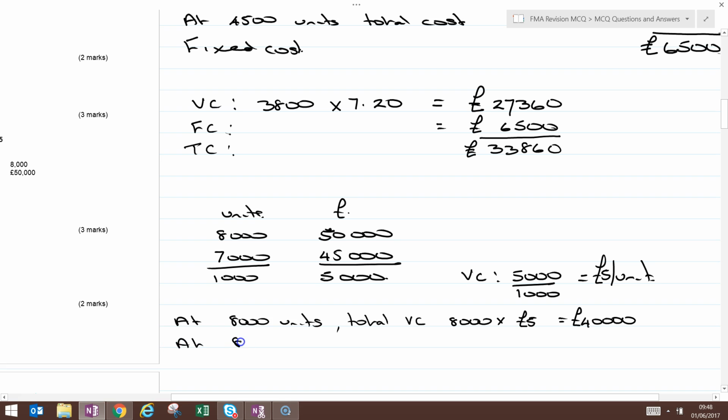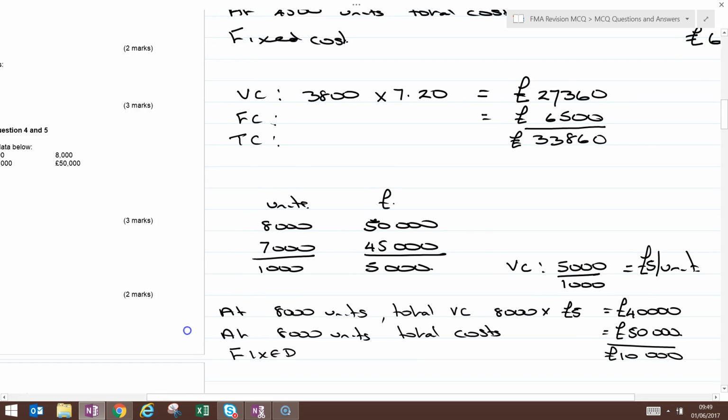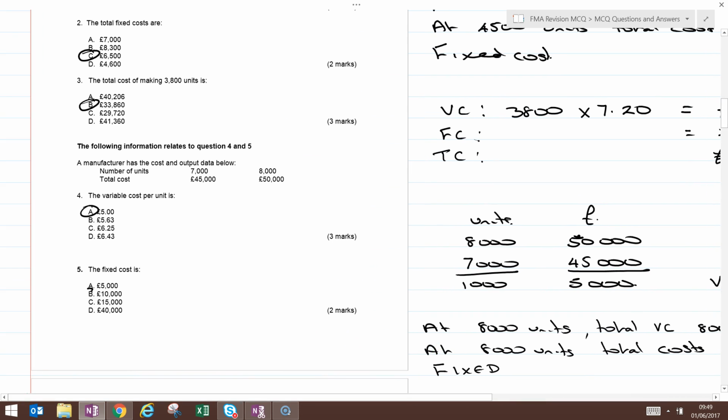We also know that at 8,000 units, the total costs are £50,000. So if 40,000 is variable, the difference of £10,000 is fixed. So our fixed cost is £10,000. So question 5, answer B. That's a couple of examples of the high-low method.